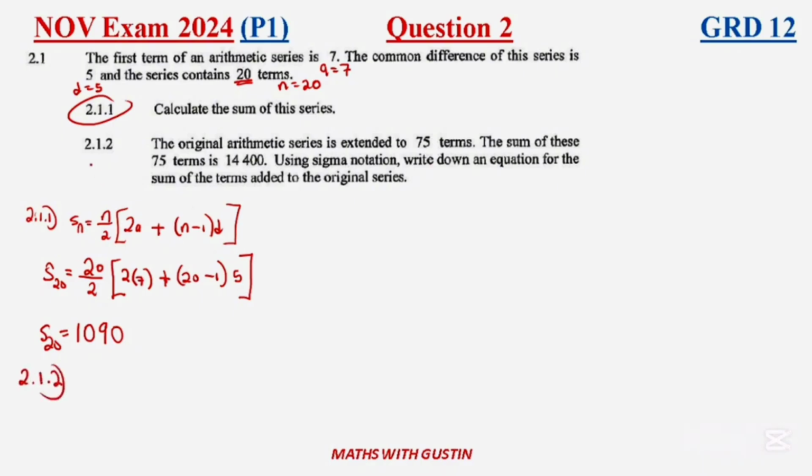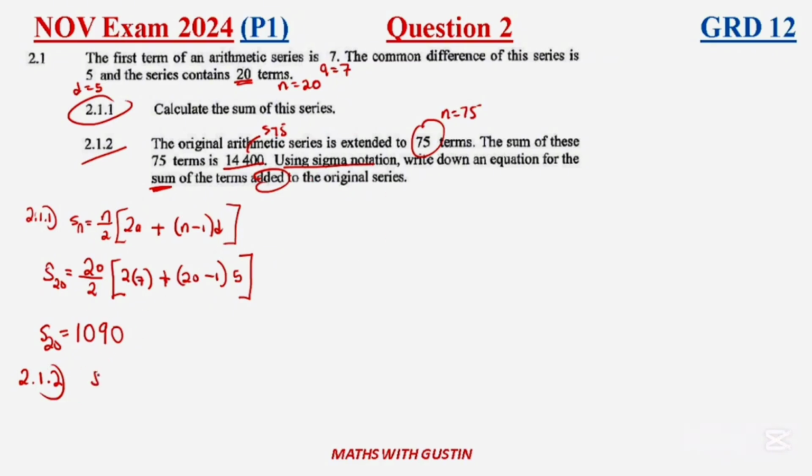2.1.2 says that the original arithmetic sequence is extended to 75 terms. So n is 75. The sum of these 75 terms is equal to that, so this is S75. Using sigma notation, write down an equation for the sum of the terms added to the original terms.